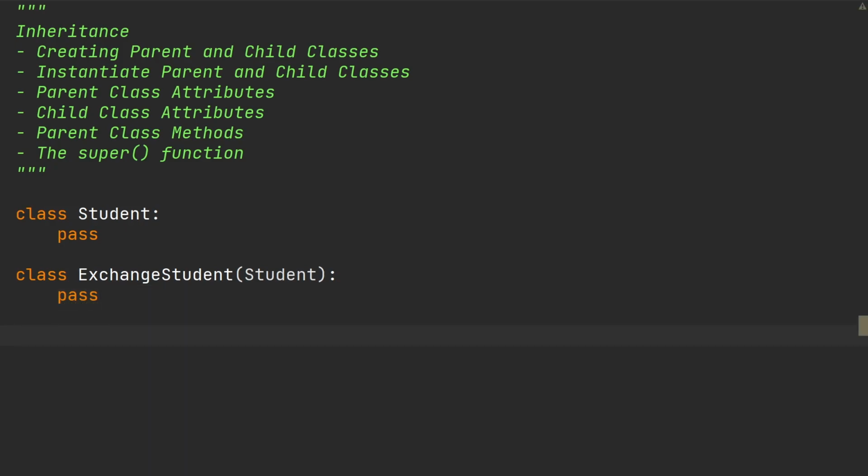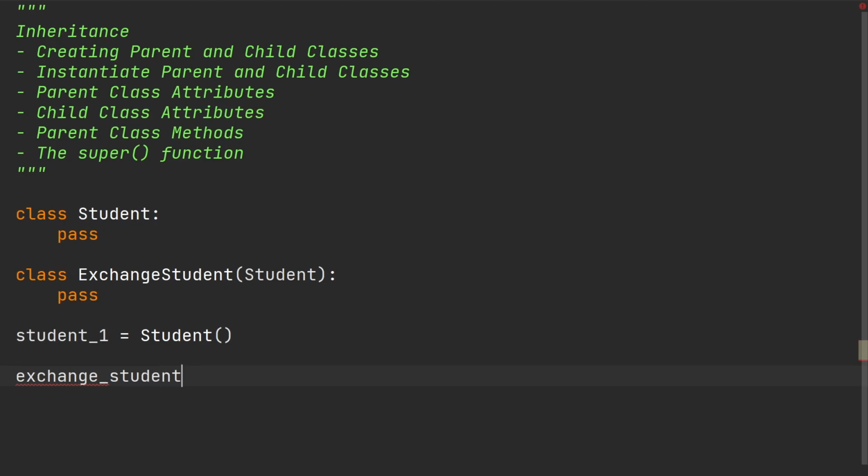underneath. Even though both of these classes don't do anything at the moment, we can already make instances of both of these classes. To create an instance of the student class, we can write student_1 equals student. And similarly, if we want to create an instance of the child class exchange student, we can write exchange_student1 is equal to exchange student.